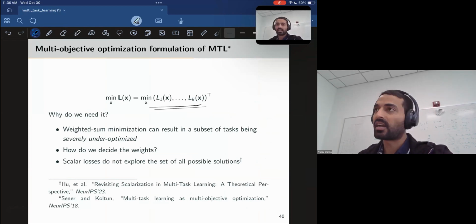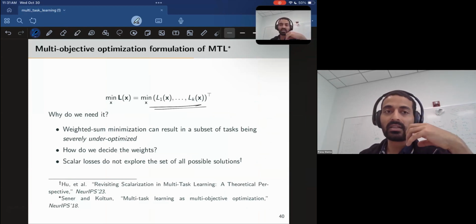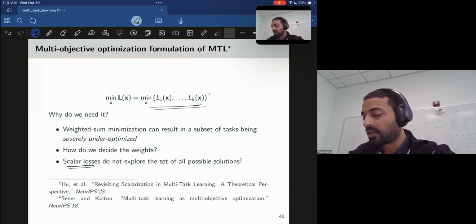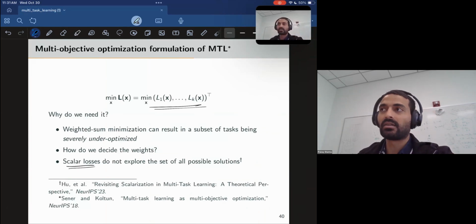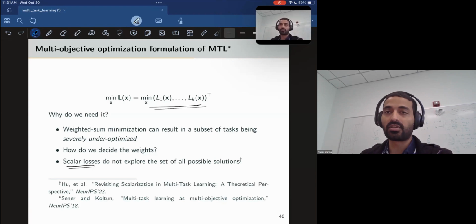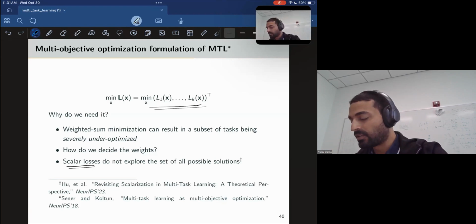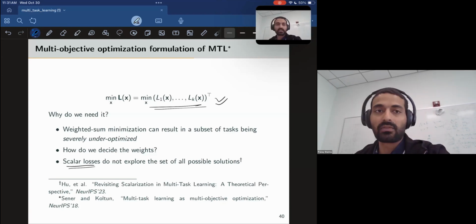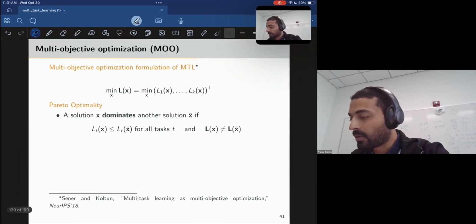On the other hand, when we minimize a scalar loss, the set of solutions we get is much smaller. So therefore, for the rest of this talk, we'll work with this vector of losses.